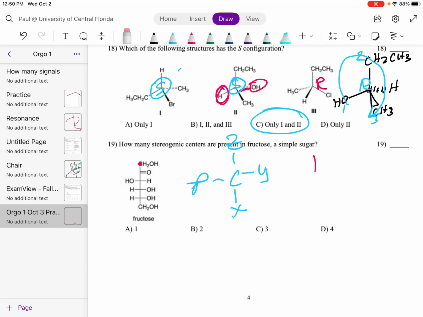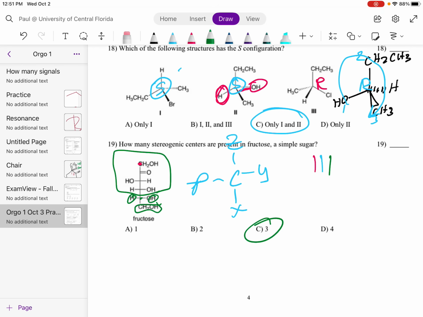Let's go down to this one right here. It has hydrogen and oxygen, that group and that group. And those look different. So that's 2. And then if we come here, the hydrogen, oxygen, that group, and then that group, that looks different, so that's 3.